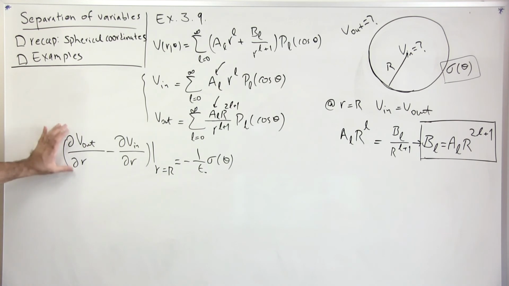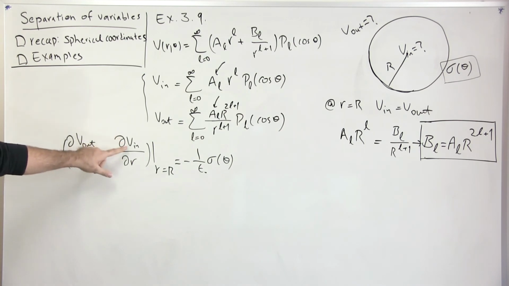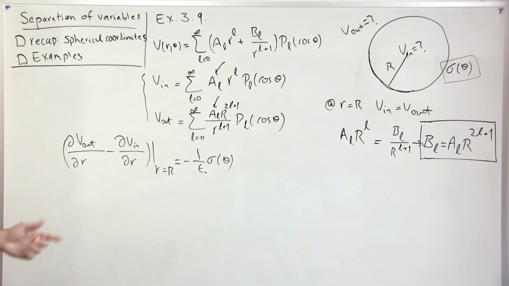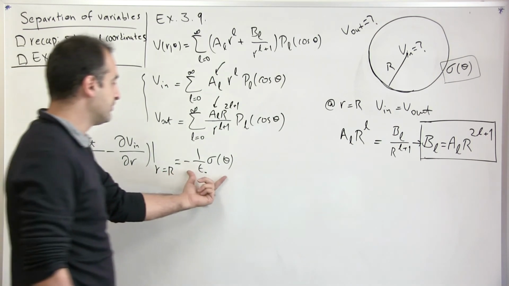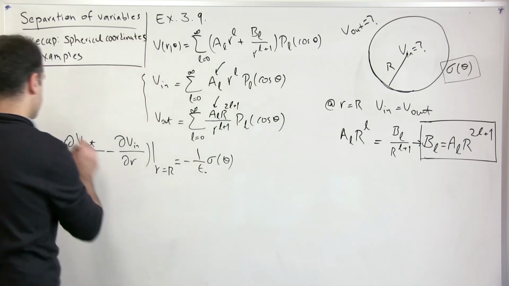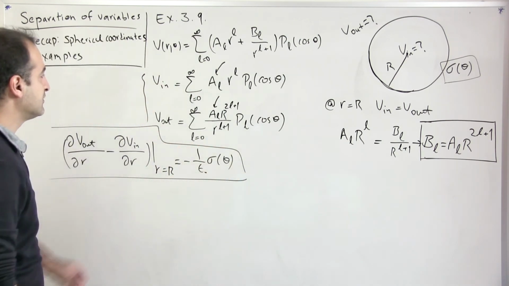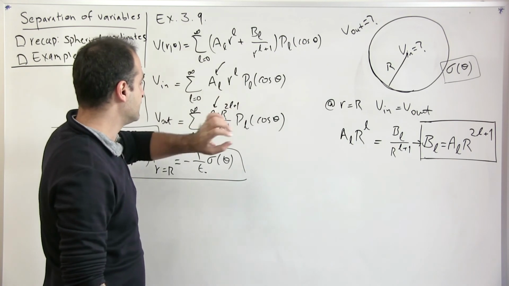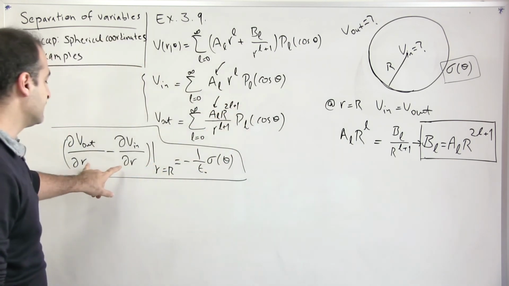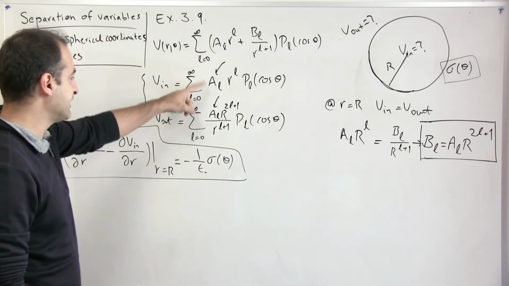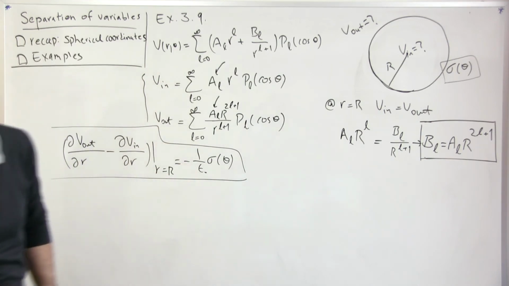The first term is the derivative of the potential outside the sphere as a function of R. The second term is the derivative of the potential inside the sphere as a function of R. The difference between these two should be proportional to the surface charge density. So we should look at the derivatives, look at the difference between them, and try to find A_L values that match this.